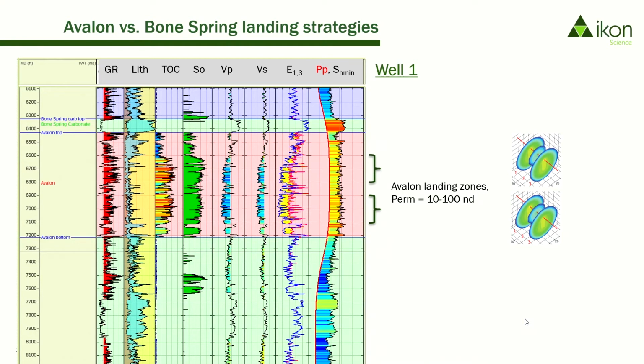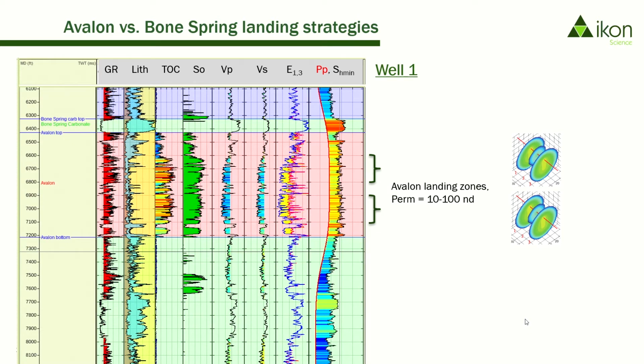you can pretty much consider two scenarios for your landing zones. One would be a landing in organic rich shales, in the most kerogen-rich intervals of those organic shales, expecting some kind of uneventful least horizontal principal stress profile.